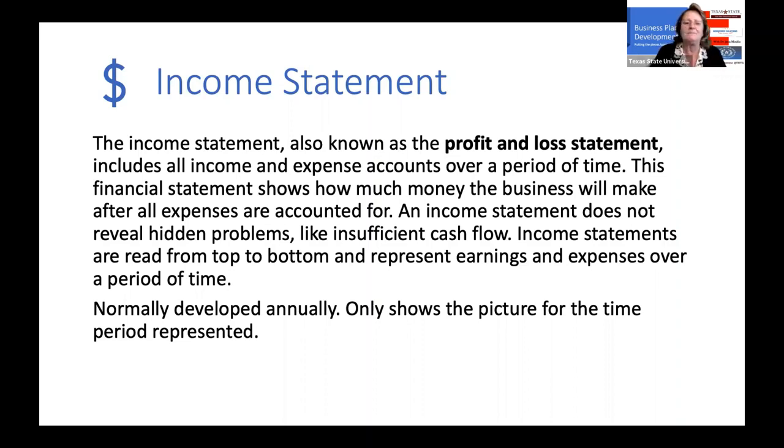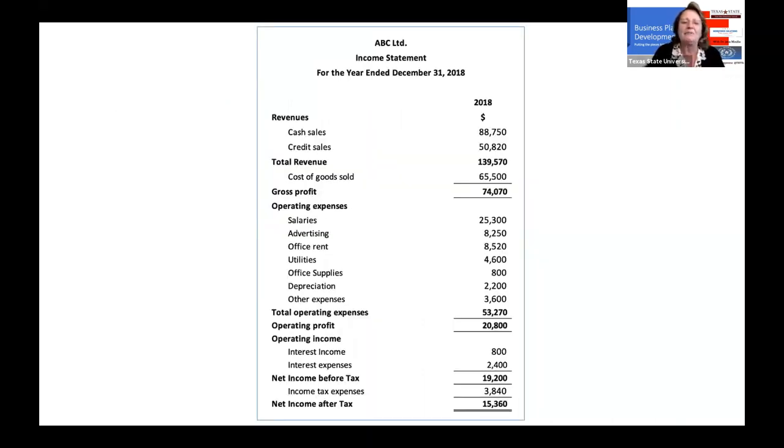Keep that in mind. So here's an example of an income statement where we show our revenues, all the revenues that came in, whether it was cash or if it was on account. And then we have our cost of goods sold, any of those expenses that were directly related to the generation of those revenues. And then we have all of our operating expenses listed down after that.